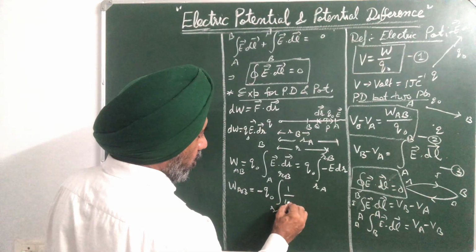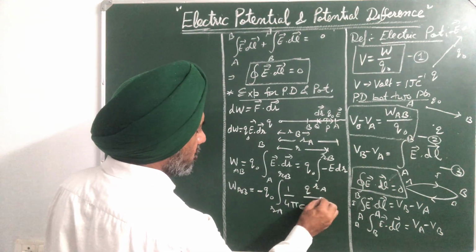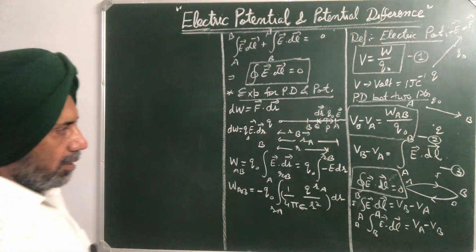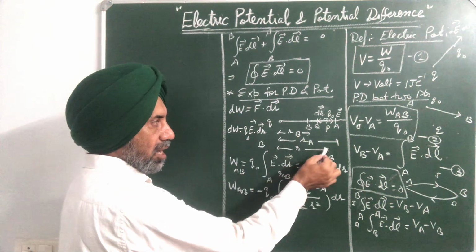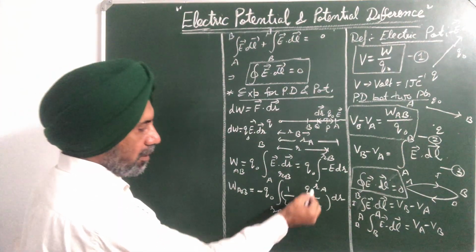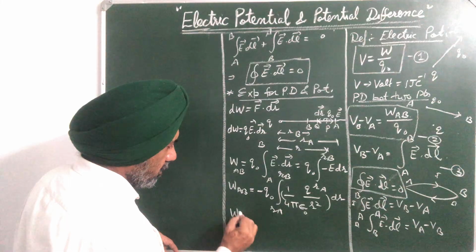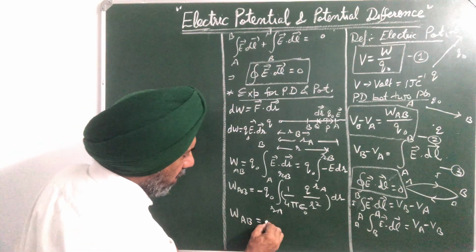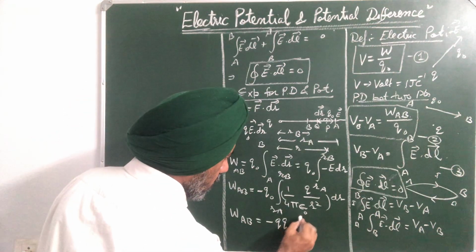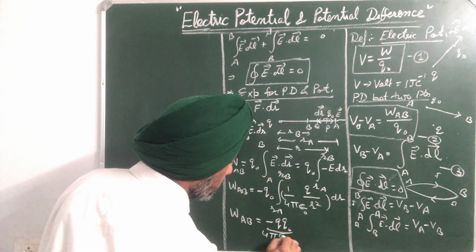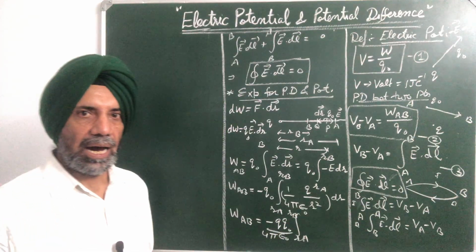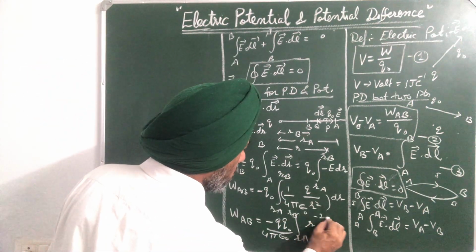It is 1 upon 4 pi epsilon naught Q by R square, the electric field at P, which is at distance R from Q. So the work done W AB comes out to be minus Q naught upon 4 pi epsilon naught, integral from RA to RB, of R to the power minus 2 dr.